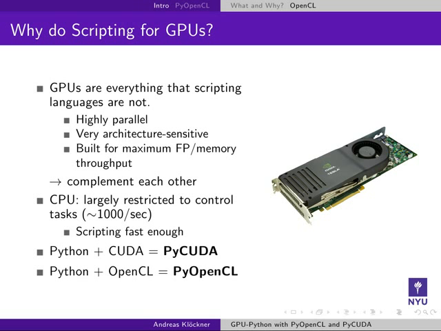In addition, if you're programming GPUs, the CPU is restricted to being more or less just a traffic light, right? So you have to do something maybe 1,000 times a second where you poke the GPU, do this, transfer that. And scripting is plenty fast to do all of that. And that's the premise for both of these packages. Take Python and CUDA, you get PyCUDA. And Python and OpenCL gives you PyOpenCL.